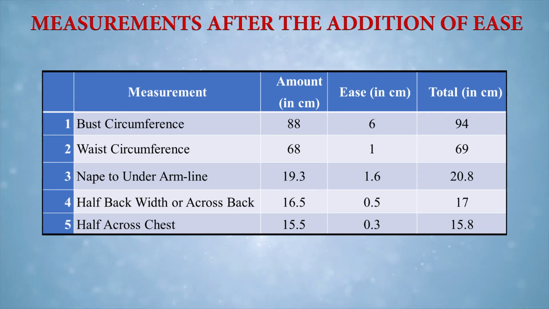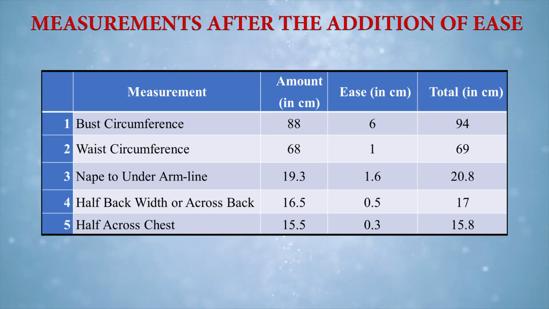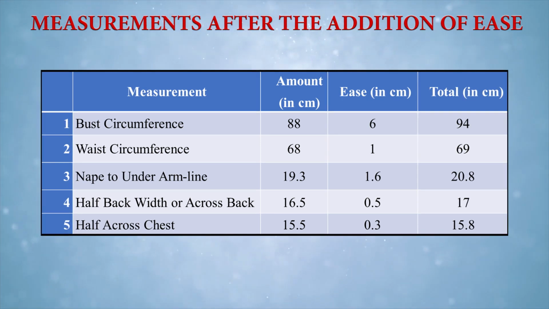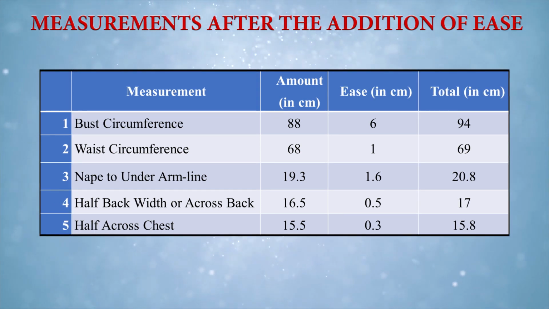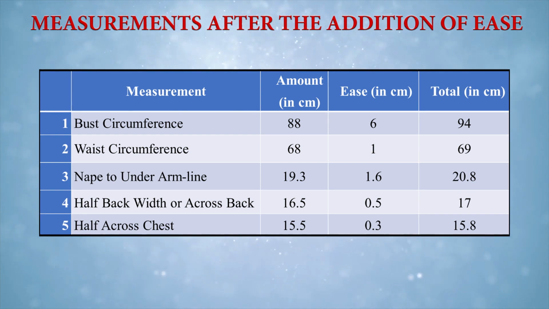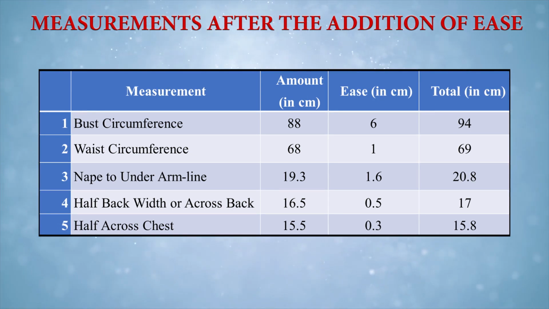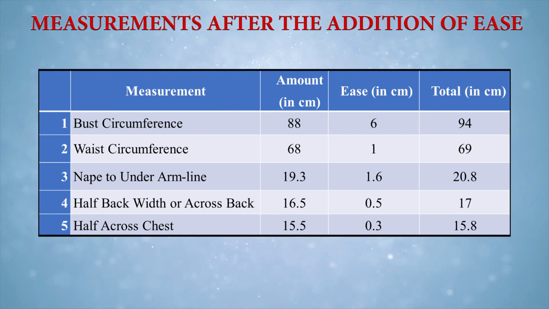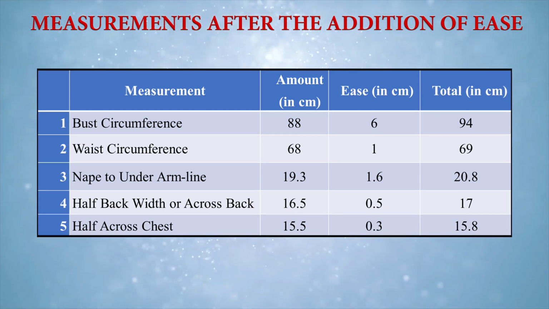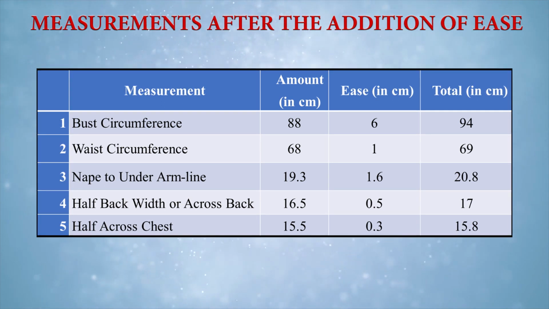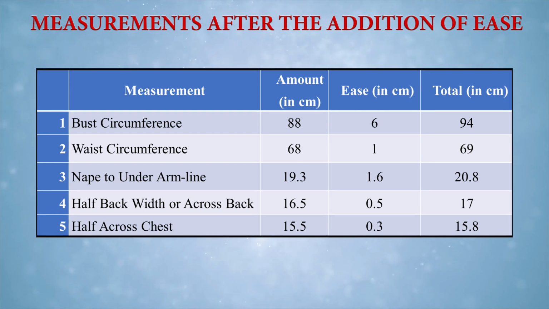Like for the bust circumference, if the actual measurement is 88 centimeter, we generally add 6 centimeter of ease. So the exact total we get is 94 centimeter. In this way, at the waist circumference we are allowed to add only 1 centimeter of ease, because you can imagine if we add 6 centimeter of ease to the waist, it will be a very loose fitted garment.